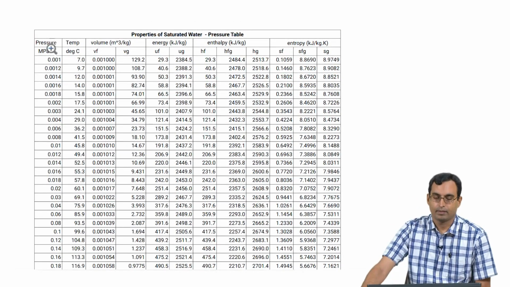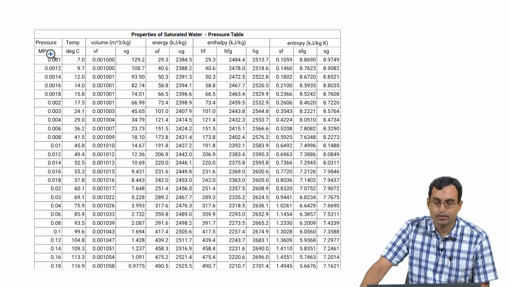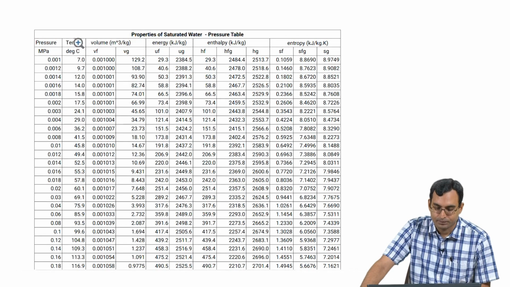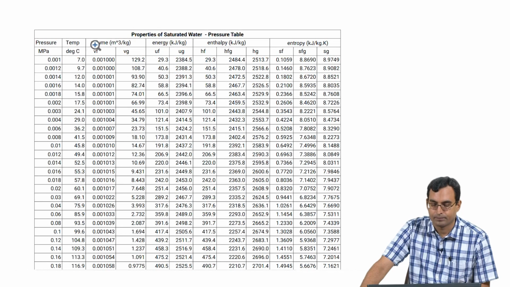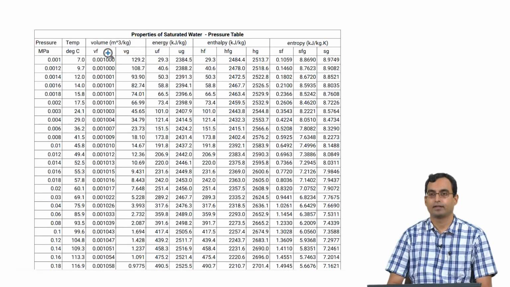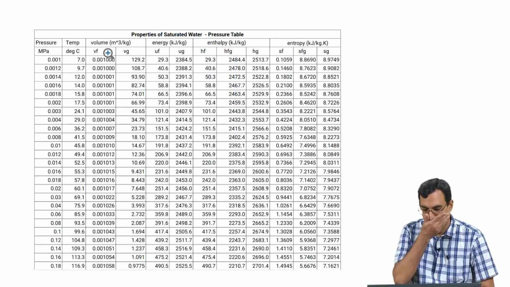In the pressure table, my first column lists the pressure. The units are megapascals, which means 10 to the power 6 pascals. The temperature is listed in degrees centigrade. I have the specific volume: Vf represents the specific volume of saturated liquid, listed in meter cube per kg, and 1 by Vf would give me the density.